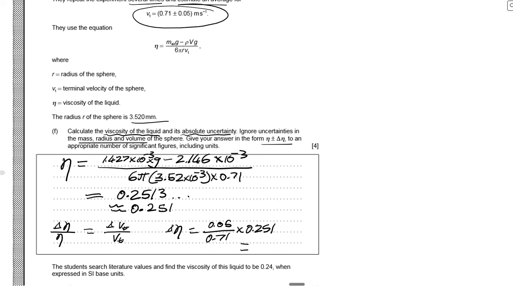And we need to be fast with this in the exam. And what we have is 0.01767.